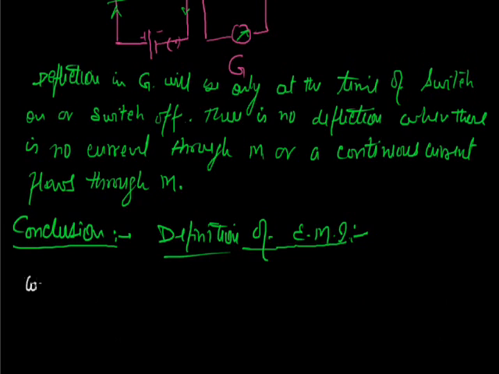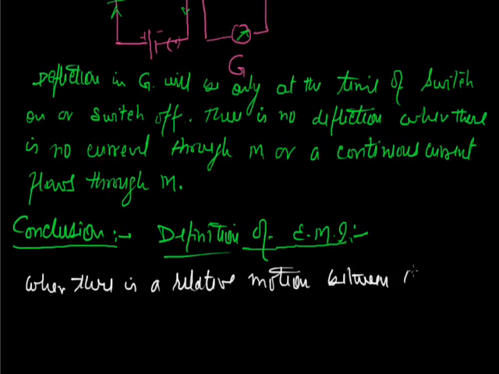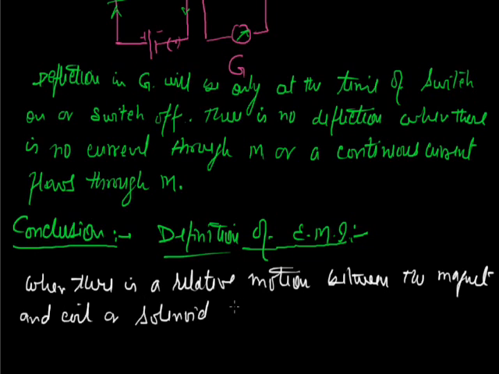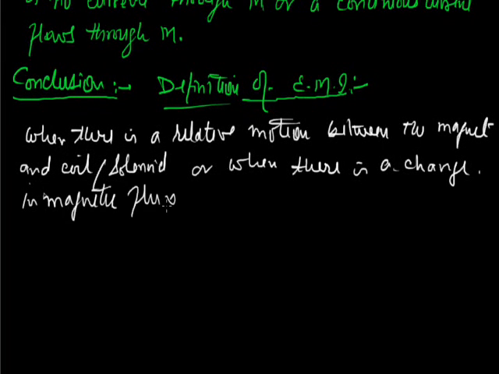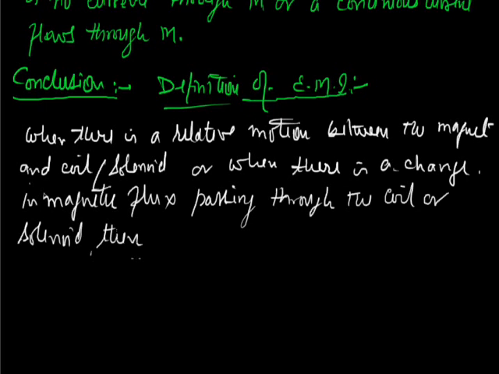electromagnetic induction. When there is a relative motion between the magnet and coil or solenoid, or when there is a change in magnetic flux passing through the coil or solenoid, then EMF is produced in the coil or solenoid.